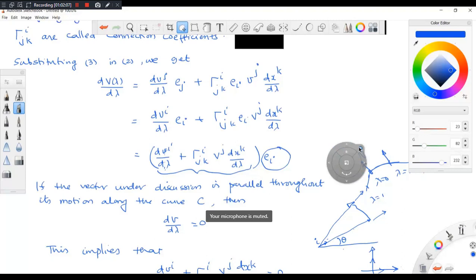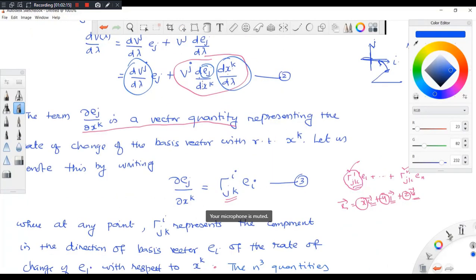But EJ will depend on xk, so you can put it as a partial derivative. So from this total derivative, I should actually write partial here also. No problem. But partial and total derivatives are in some sense the same, because when I take a partial derivative, the other things I am keeping constant, so it is similar to a total derivative. You are right, it is actually the partial derivative, and it should be a whole sum over each and every component. Okay, sir.